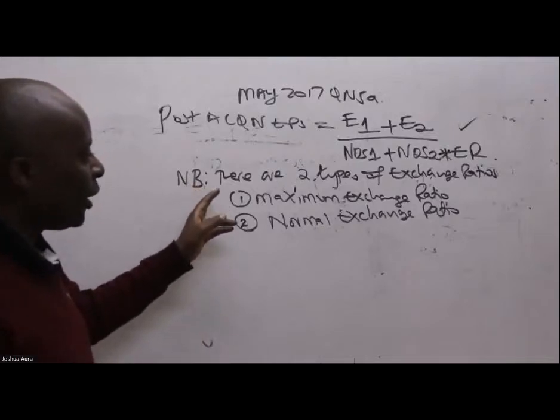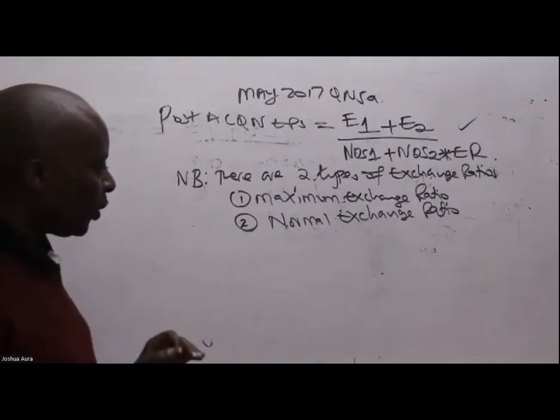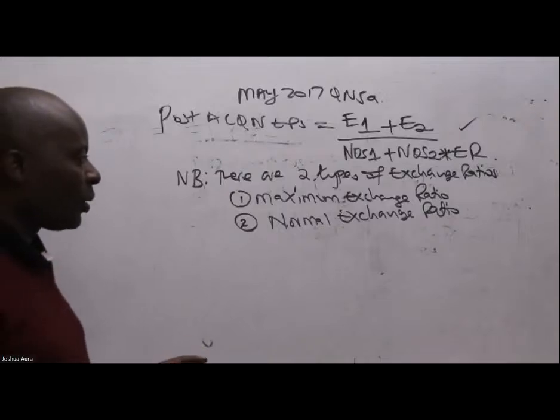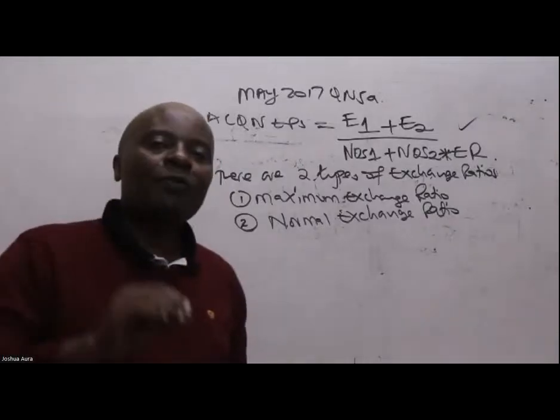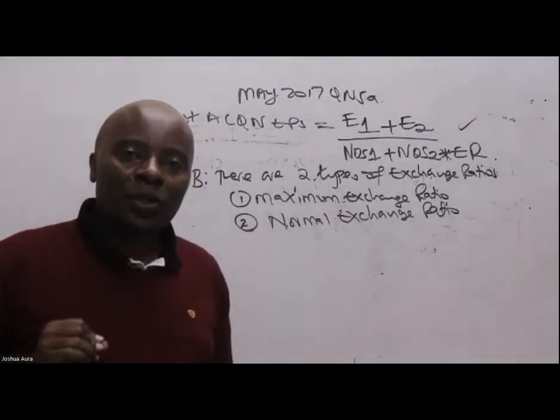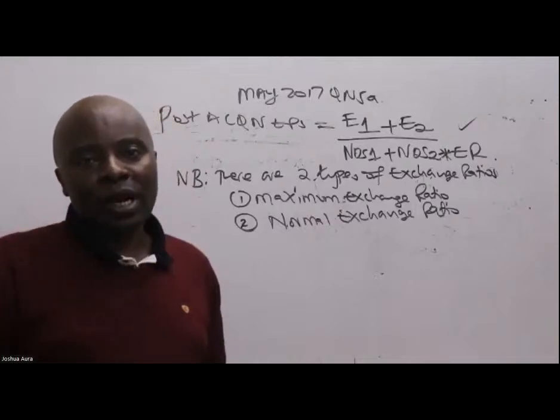Great. So there are 2 types of exchange ratios. Number 1, we have the maximum exchange ratio. And number 2, we have the normal exchange ratio. If the examiner specifically asks you to calculate maximum exchange ratio, then there is a formula that I've always wanted you to cram.